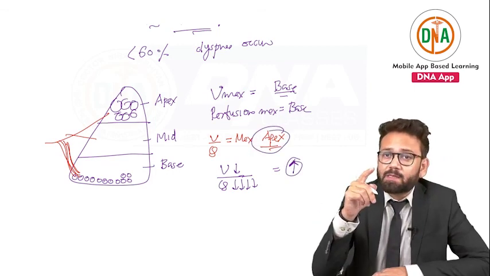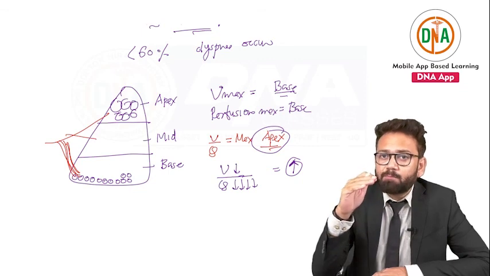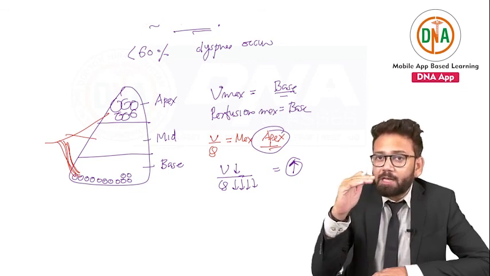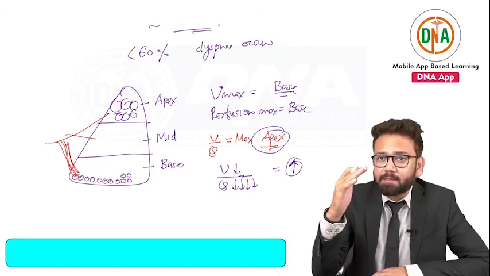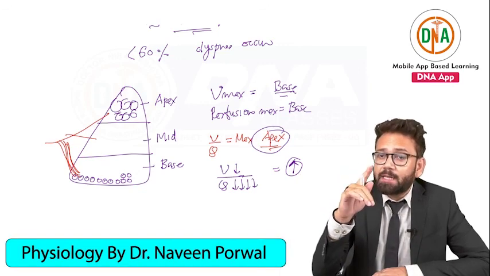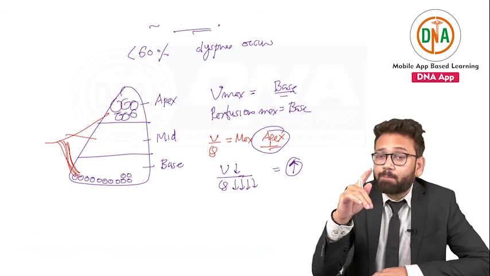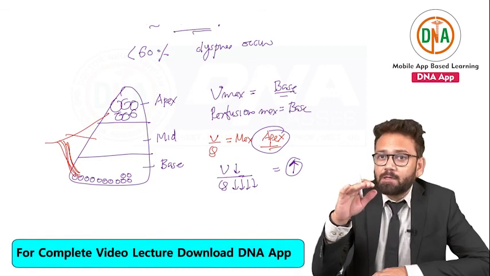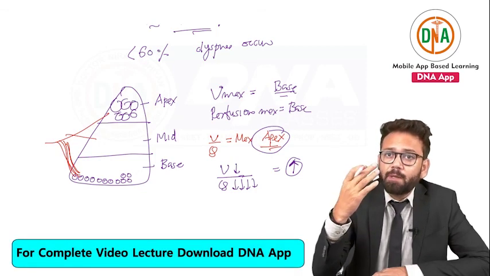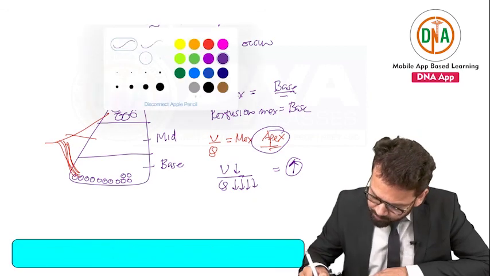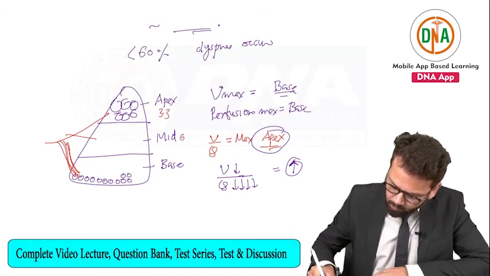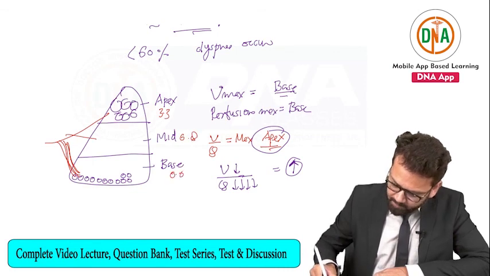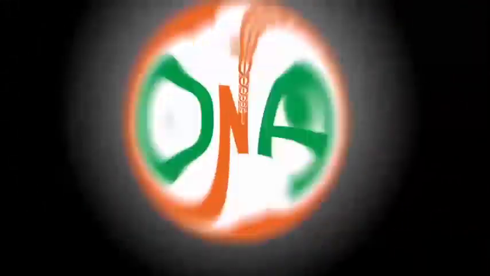So ventilation is maximum at the base, perfusion is maximum at the base, but the ventilation perfusion ratio is maximum at the apex, because although ventilation is less at the apex, perfusion is very less, so the denominator is less and the ratio will be more. And what is the value? You should remember the values: 3.3, 0.8 and 0.6.